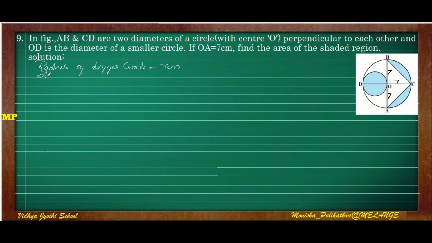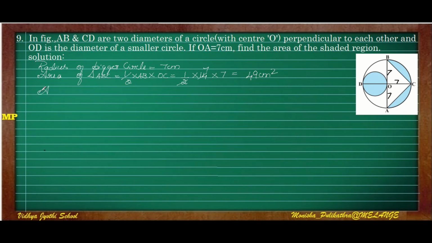So first we have to find out area of triangle ABC. Area of triangle ABC is half into base into height, where base is AB and height is OC. So half into AB, AB is 14, so 7 sevens are 49 centimeter square is the area of triangle ABC.